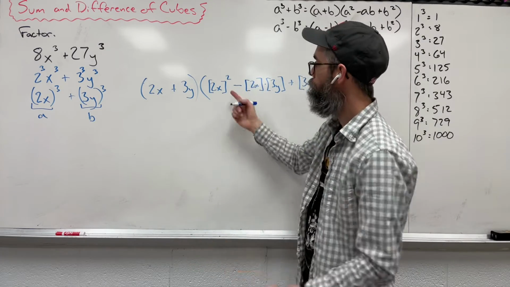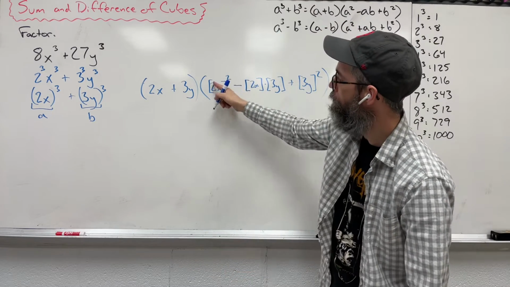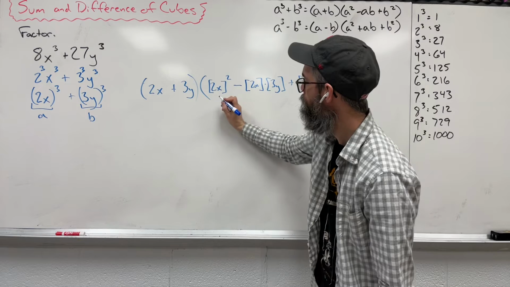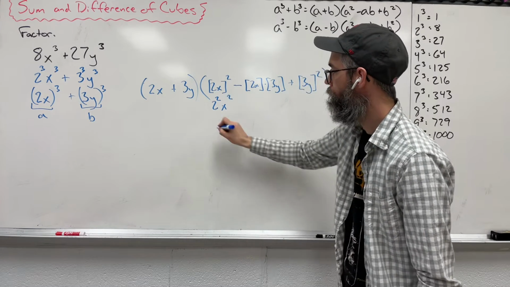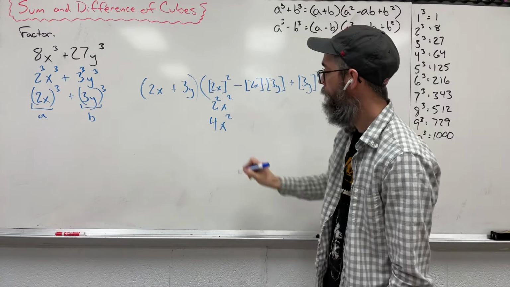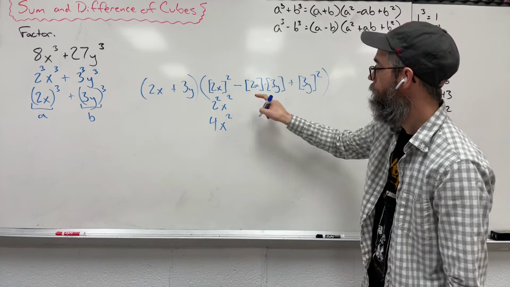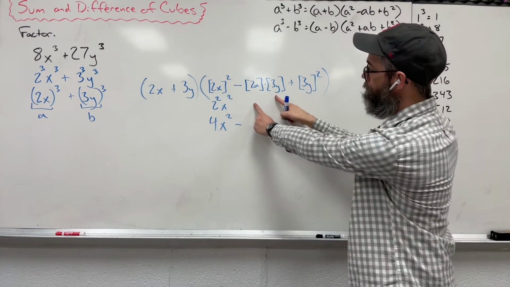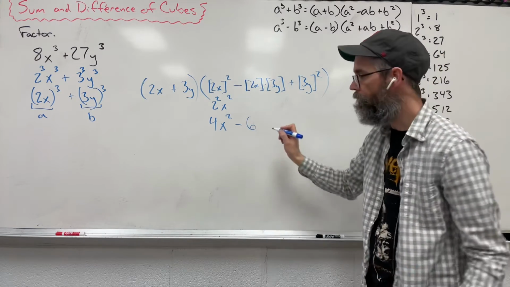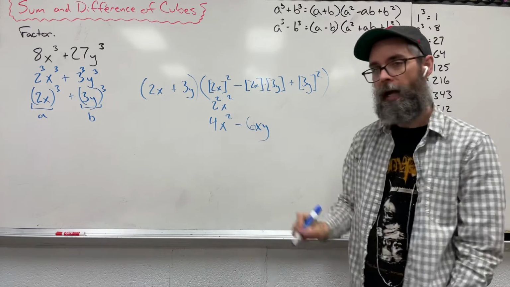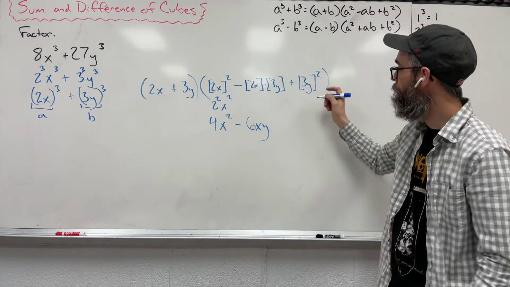So now, rules of exponents. This exponent of 2 goes to the 2 and the x. So it's like I have 2 squared x squared, which is really 4x squared. Minus, I want to multiply these two things together. So 2 times 3 gives us 6. x times y is just going to be xy. And now, same thing on the other side.